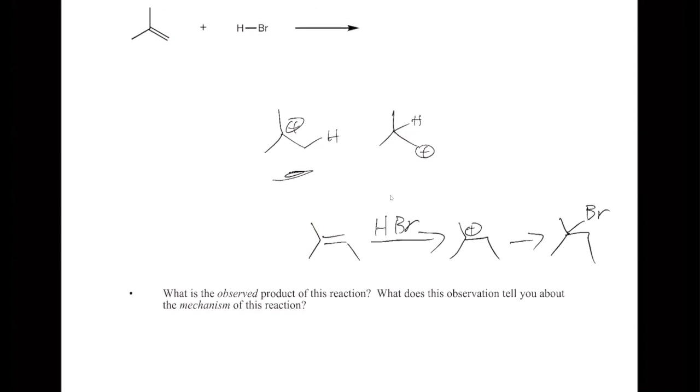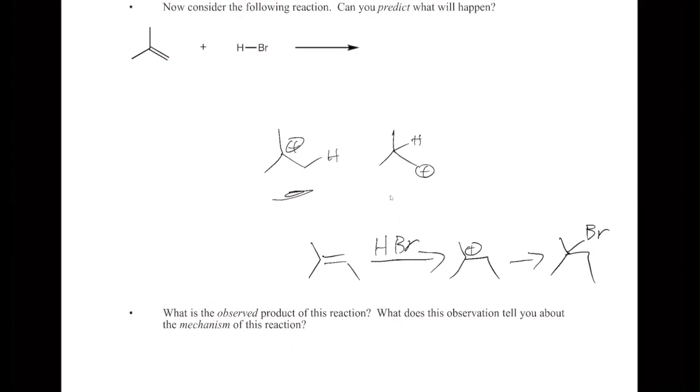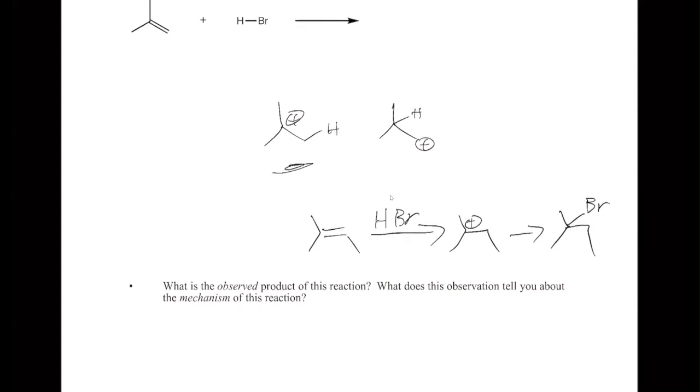So that's basically the M rule: for addition reactions, the halide usually adds to the more substituted side of the alkene, while the hydrogen adds to the less substituted. Just a little bit of background about the rule.